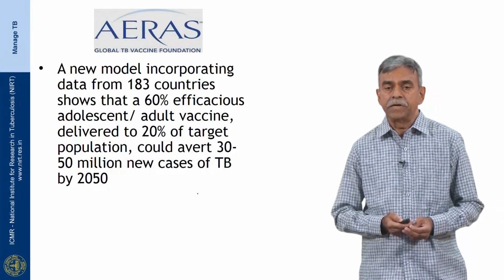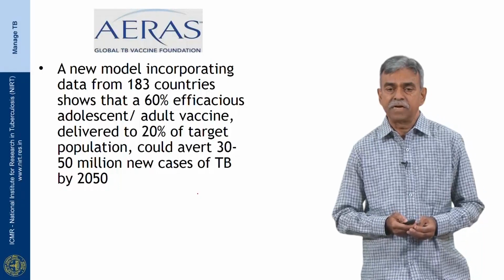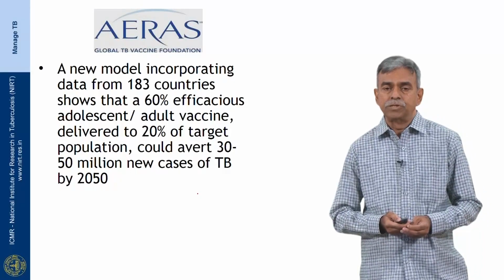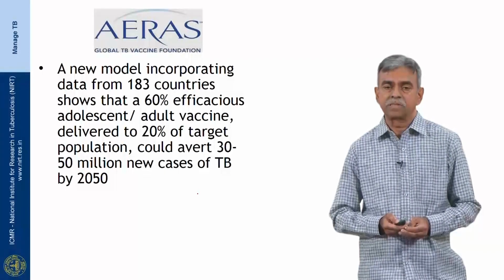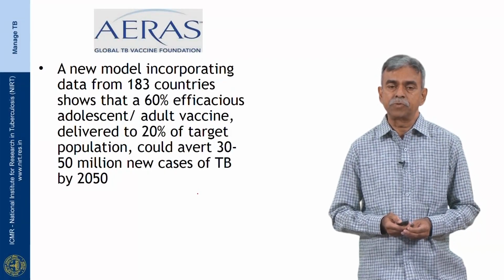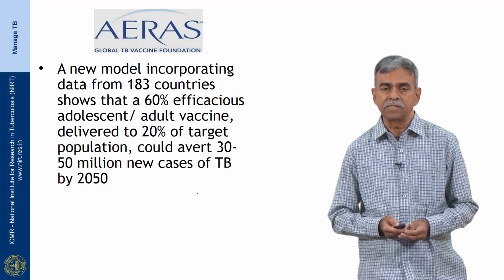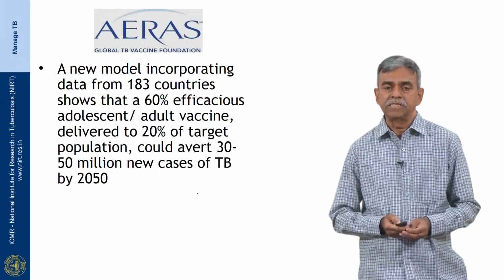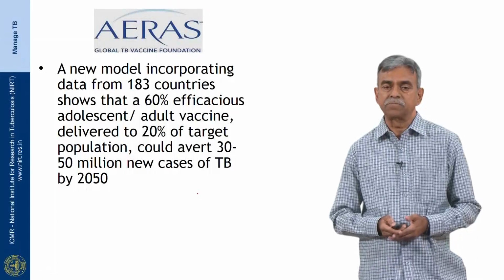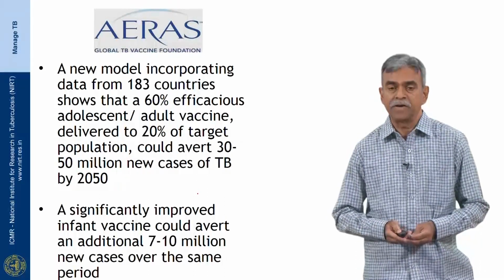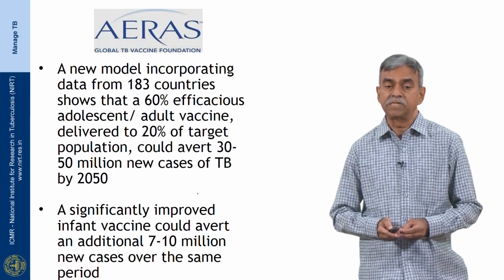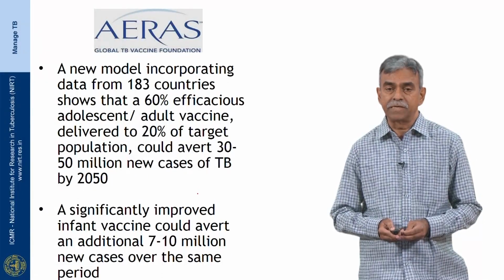Aeras says that a new model incorporating data from 183 countries shows that a 60% efficacious adolescent or adult vaccine delivered to 20% of the target population could avert 30 to 50 million new TB cases by the year 2050, and a significantly improved infant vaccine could avert an additional 7 to 10 million cases over the same period.